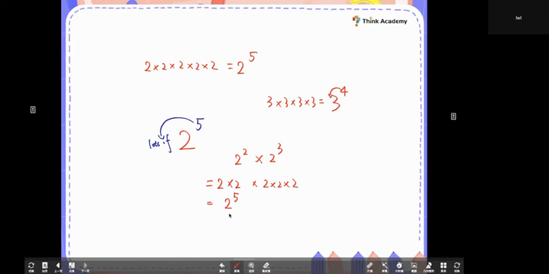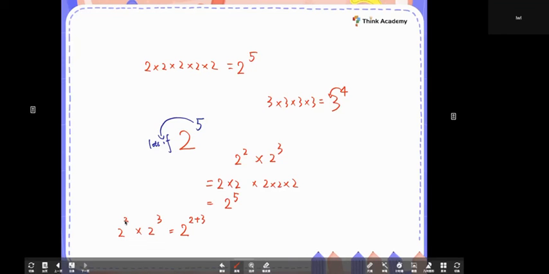And if we directly do this multiplication with powers of the same base number, 2 to the power of 2 times 2 to the power of 3, we just keep the same base number and only add the powers. That is 2 and 3.